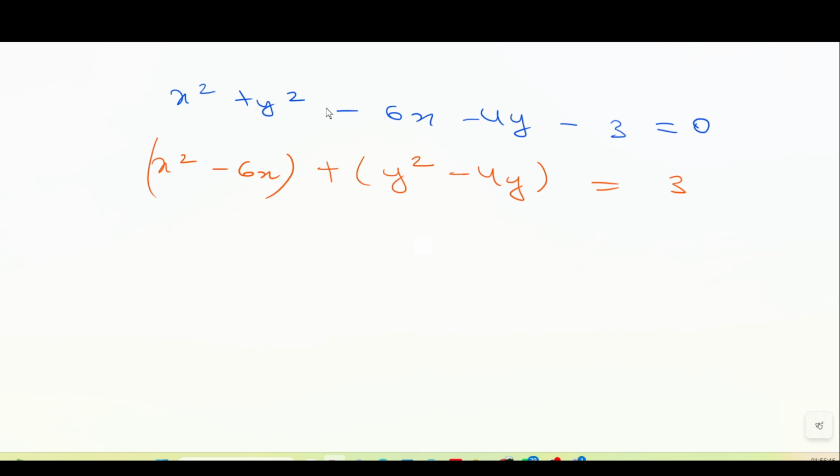So we need to do completing the square. Oh, okay. Yeah. Next step.